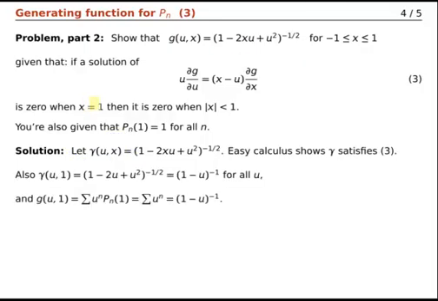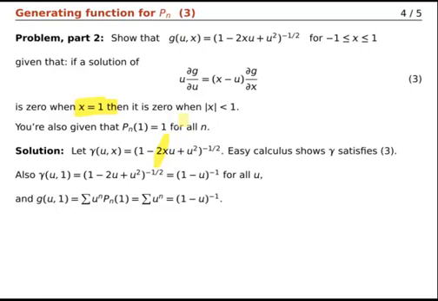We also need to look at what's happening at x equals 1 according to this condition here. So we look at gamma when x equals 1. When x equals 1, this x just disappears. We get 1 minus 2u plus u squared, which is 1 minus u all squared.